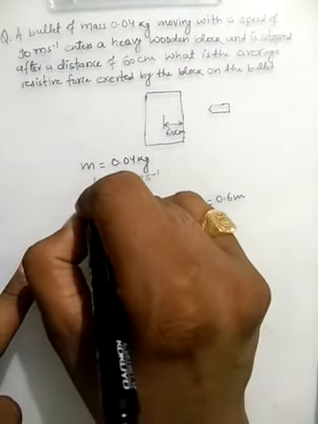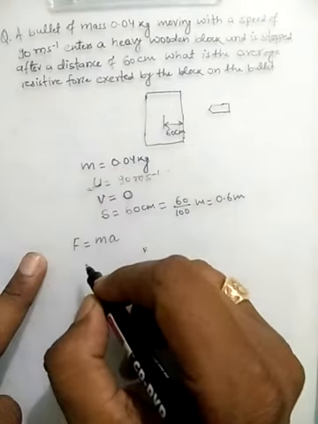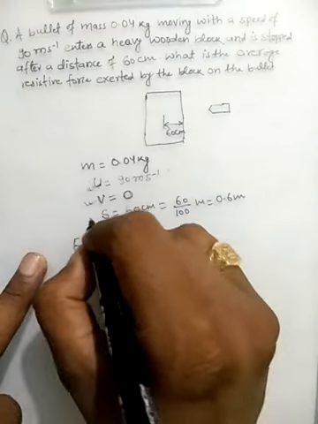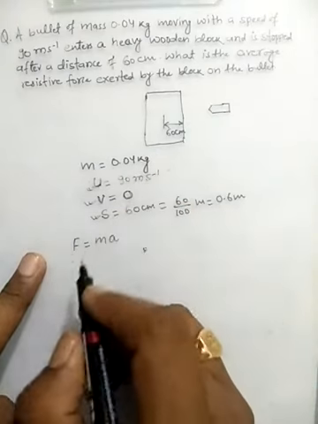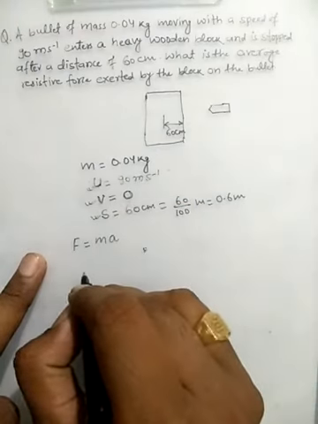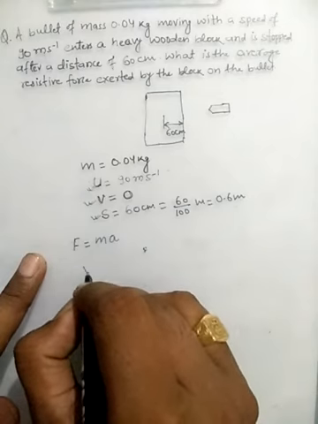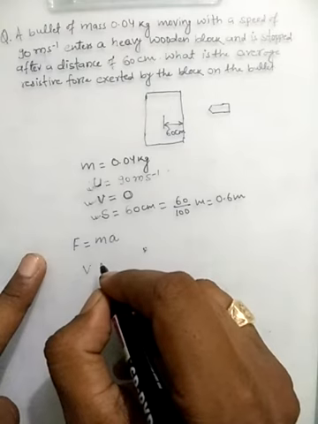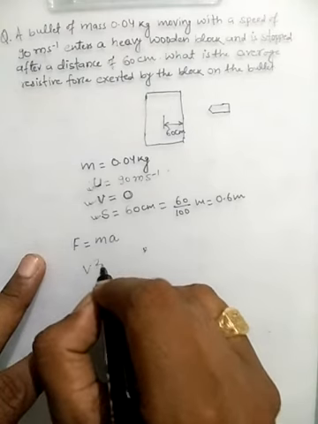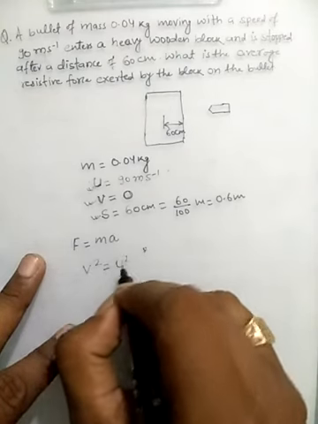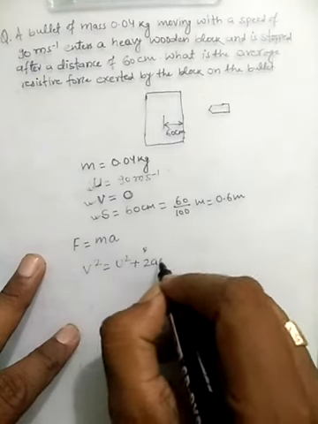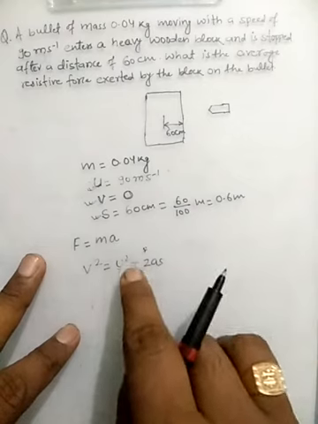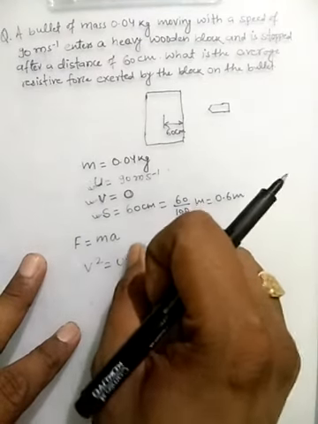We have the initial velocity of the bullet, final velocity of the bullet, and displacement of bullet in the block. Then we have a formula for uniform acceleration. For a uniformly accelerated object, v square is equal to u square plus 2as. Here acceleration is negative, that is retardation.